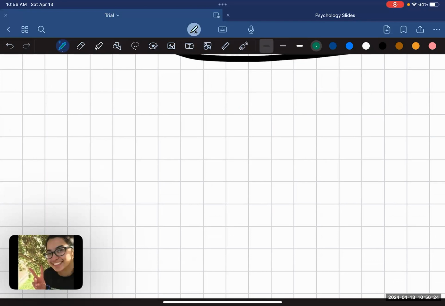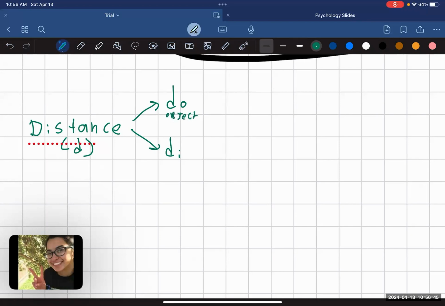We have distance, which is denoted by D. From here, we have our D naught, and we have our DI. Where O is for object, and I is for image.